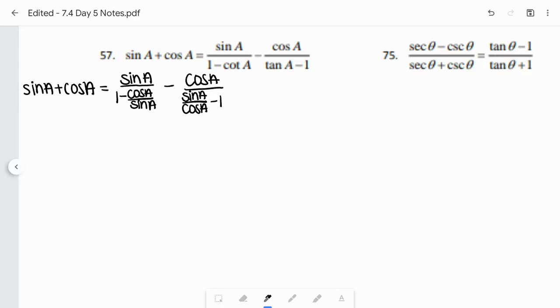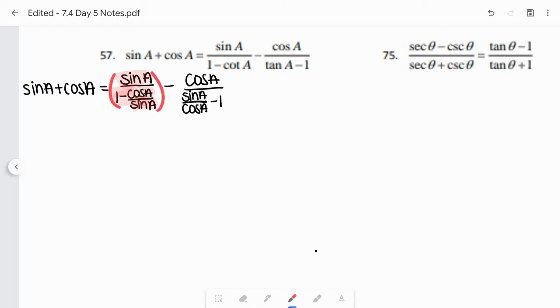Okay, so I want to find common denominators. So if I am looking at this first fraction, I am going to want to multiply the top and the bottom by sine of A. Okay, so let's write that out.